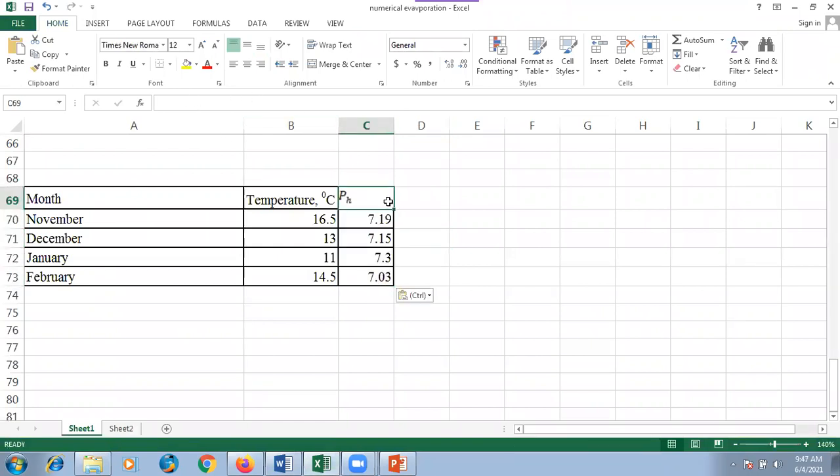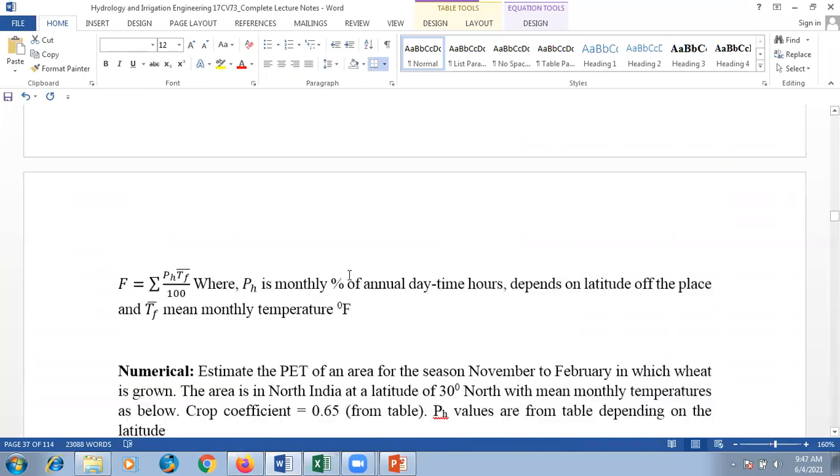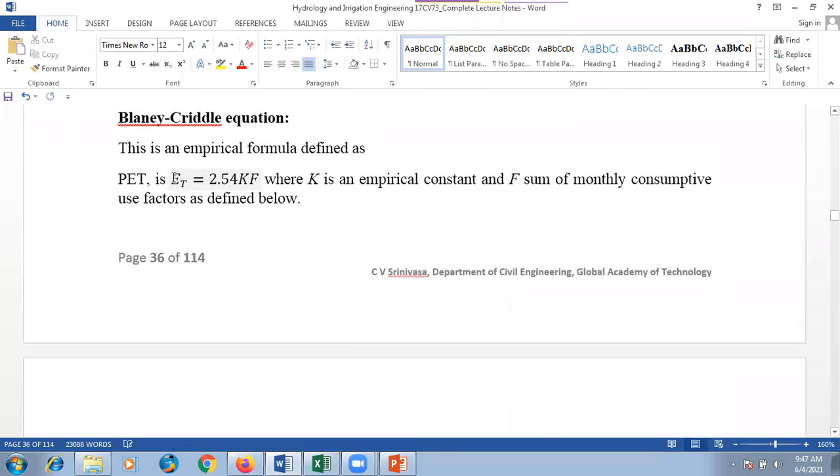See here, this is daytime sunshine hours, pH, already defined here. You can look at that: monthly percent of annual daytime sunshine hours. This is done.